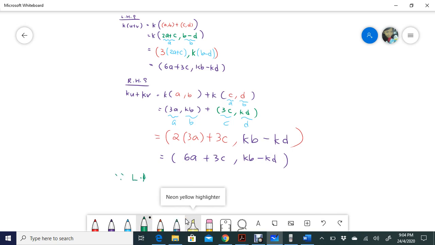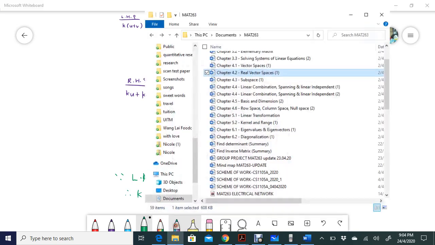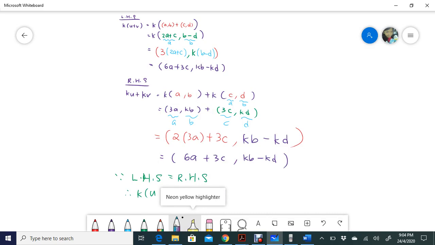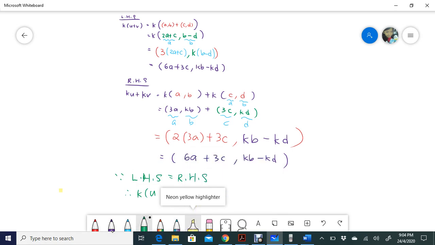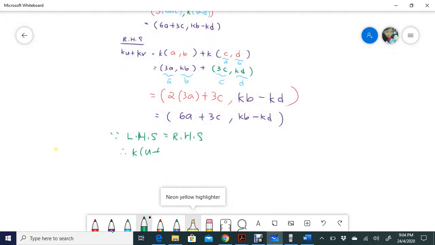Since your left hand side is equal to right hand side, meaning K(U plus V) equal to KU plus KV.